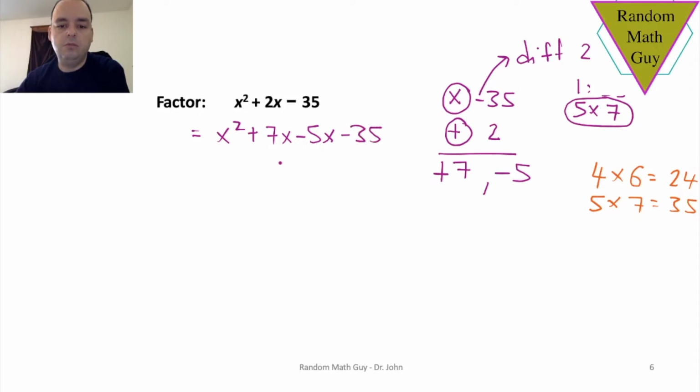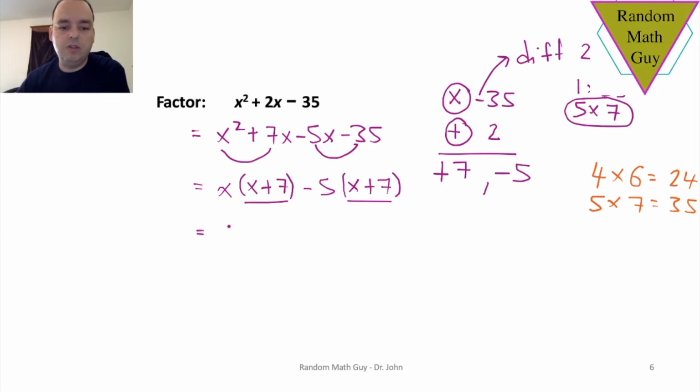There you go. And we'll do the decomposition step. So we can take x from the first pair and negative 5 from the second pair. We see the same binomial appear twice. That's a good sign that we've done this decomposition approach correctly.